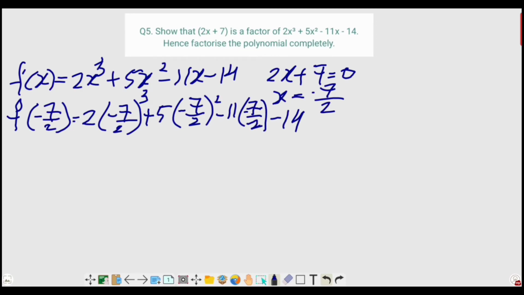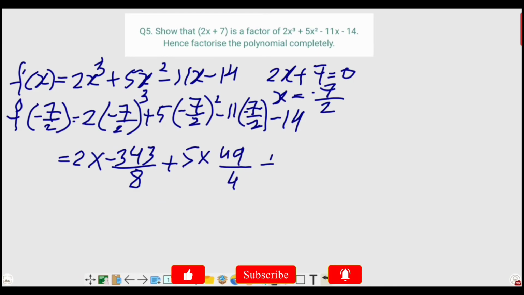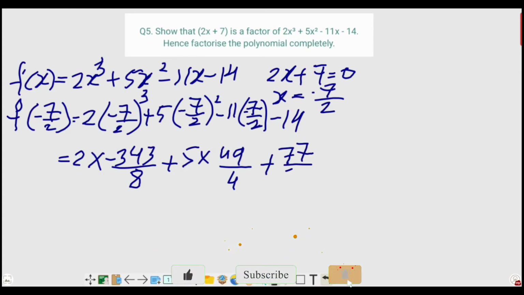Minus 14. Now, cube of minus 7 upon 2 is minus 343 upon 8. This will be 5 into 49 upon 4. This will be minus minus plus 77 upon 2 minus 14.